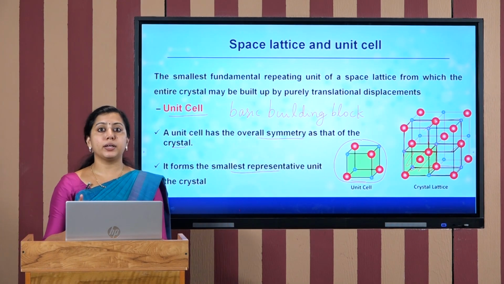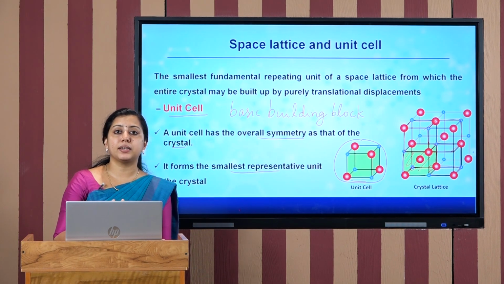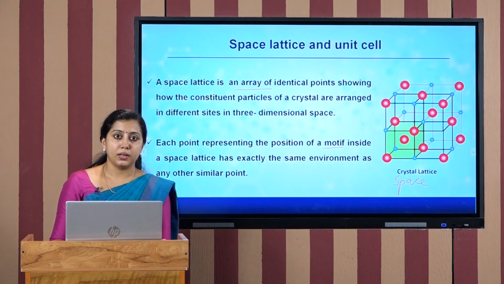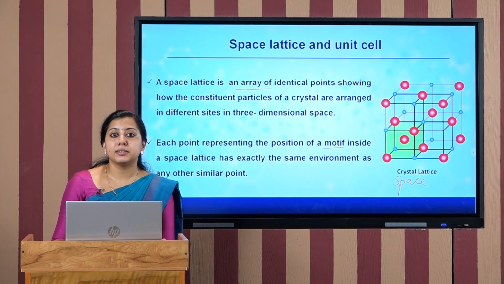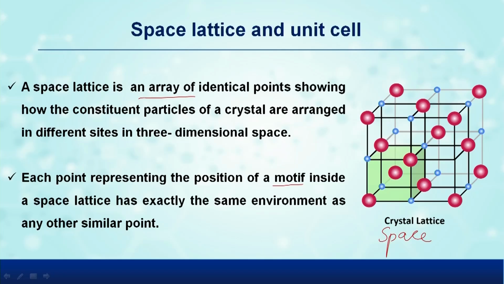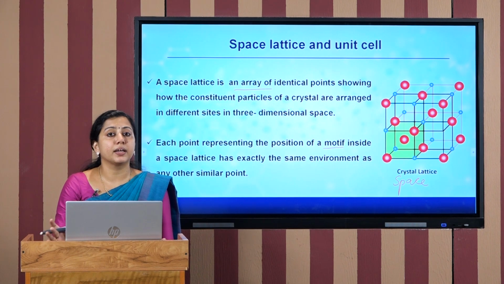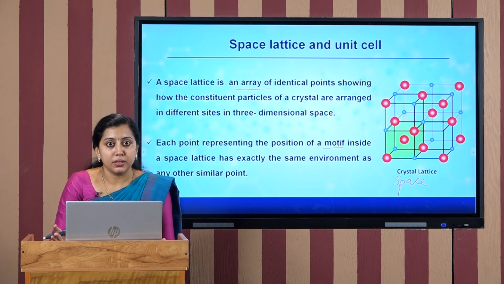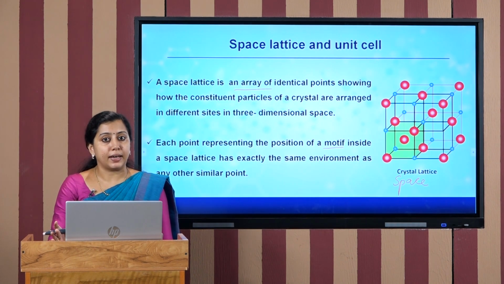So, do not get confused between a space lattice and a unit cell. A space lattice is a periodic array of the constituent particles, and these particles are placed in the lattice points so that it will generate a 3-dimensional crystal structure.